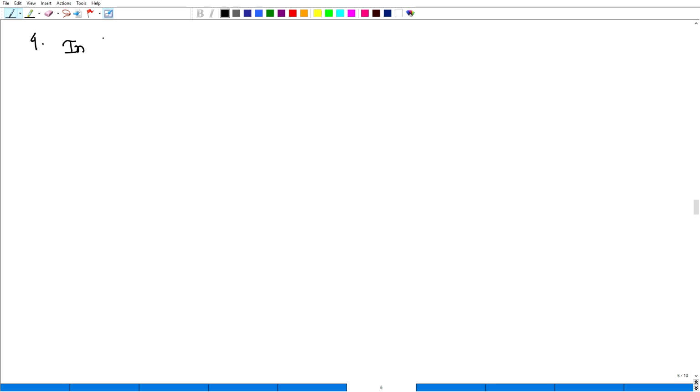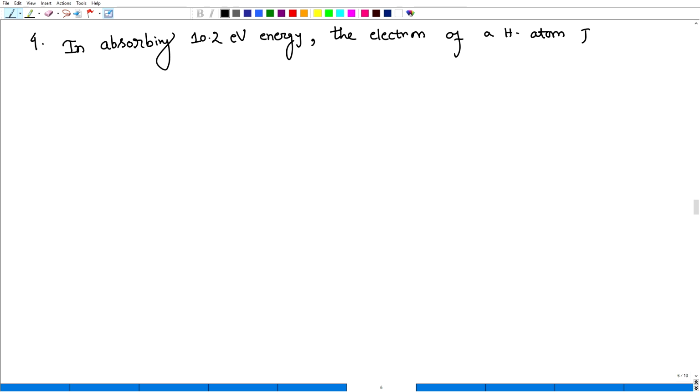In absorbing 10.2 electron volt energy, the electron of a hydrogen atom jumps from any initial orbit to the next higher energy orbit.